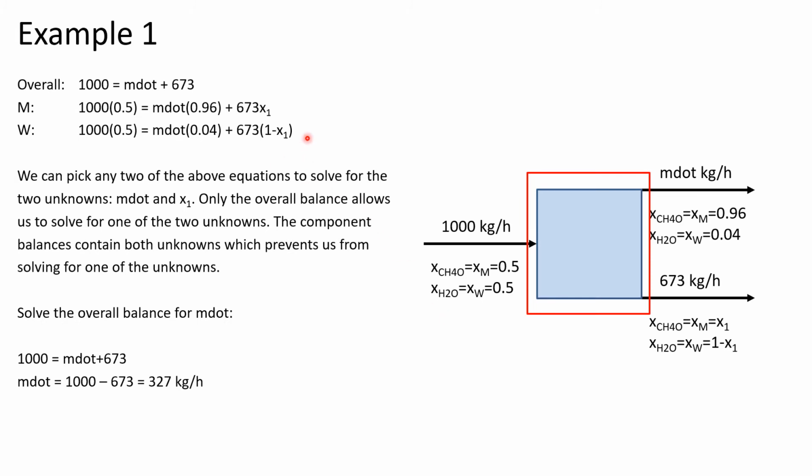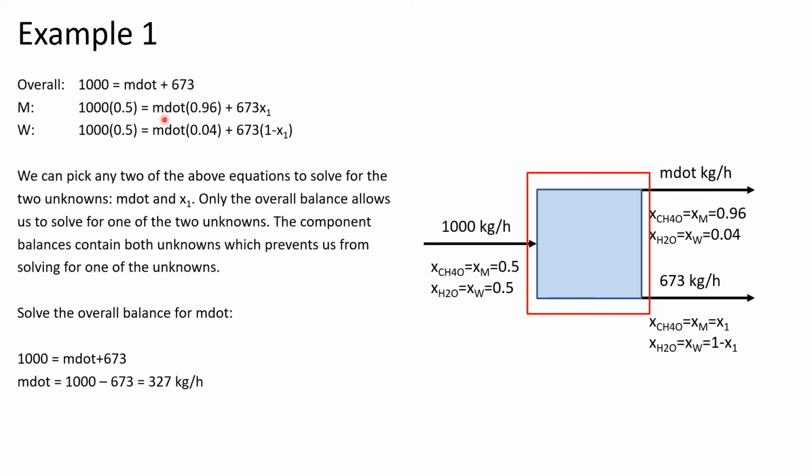So these are the three balances we've written for this example problem: the overall mass balance, the methanol, and the water mass balances. Now we can pick any two of these equations to solve for the two unknowns, m dot and x1. Only the overall balance allows us to solve for one of those two at a time. The component balances, if we look at those, both of these balances involve two unknowns.